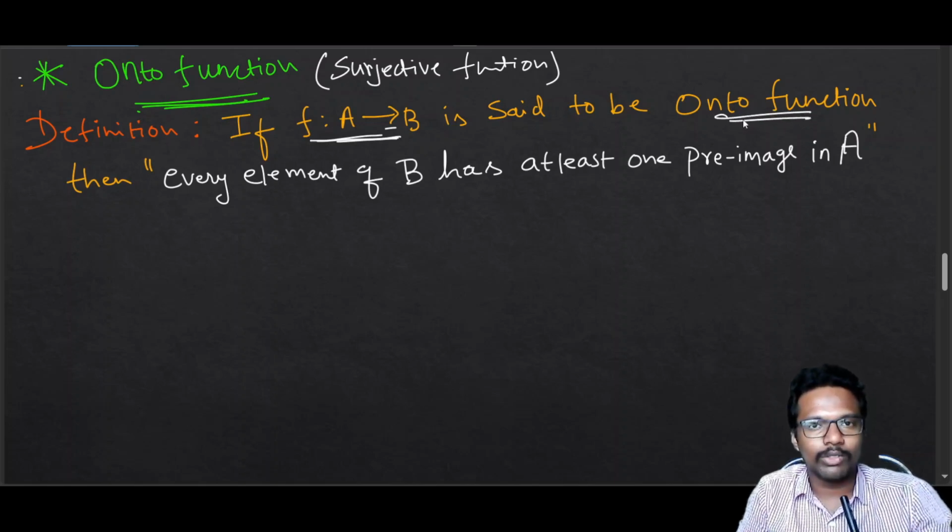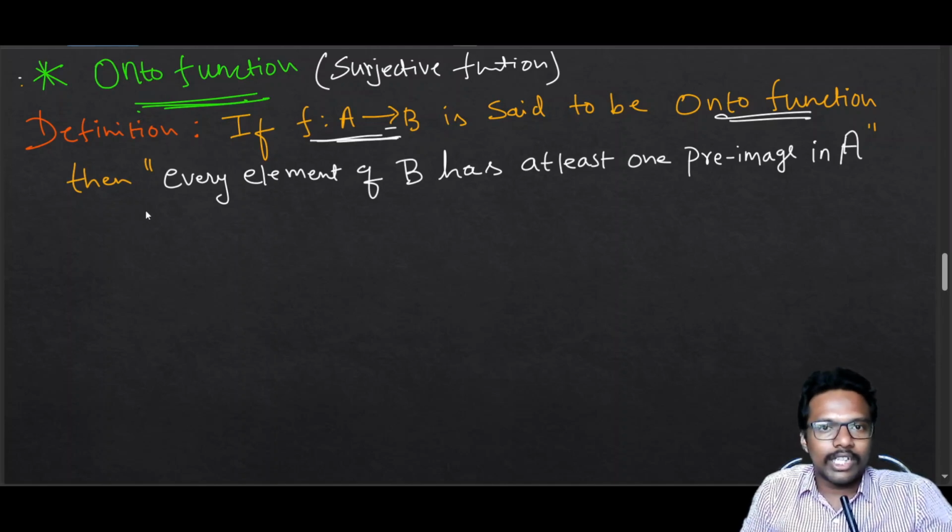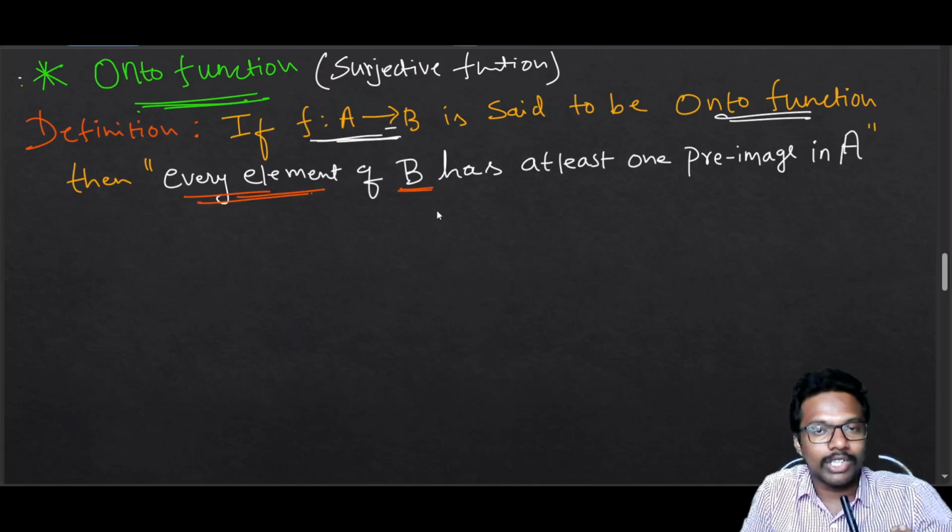if it satisfies some condition. If it satisfies this condition, then we call this function an onto function. The condition here is: every element of B. In one-one function we started the definition with every element of A. In the place of A, now we are considering B. It means we are focusing on the codomain now.